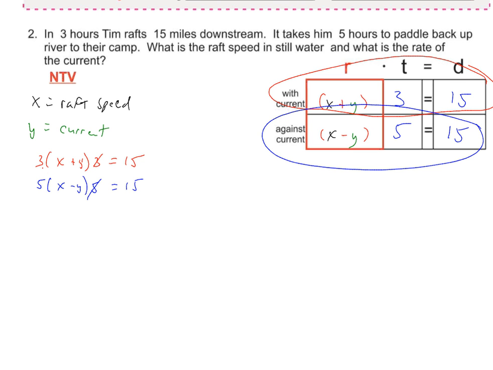Quite honestly, we need to distribute here to get this equation in a better form. 3 times x is 3x. 3 times y is 3y. And that equals 15. A second equation when we distribute the 5 is 5x minus 5y equals 15.